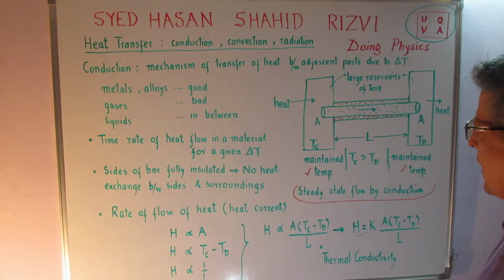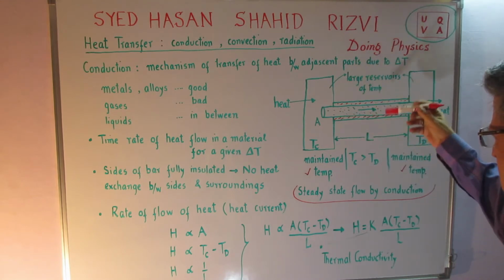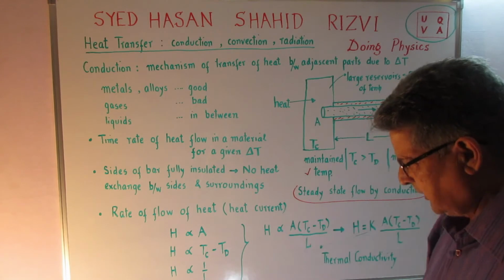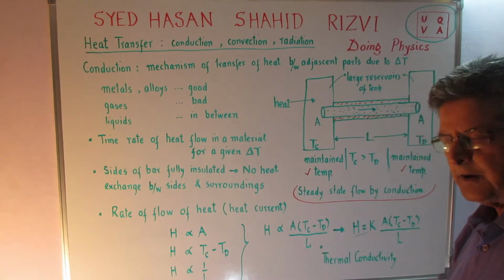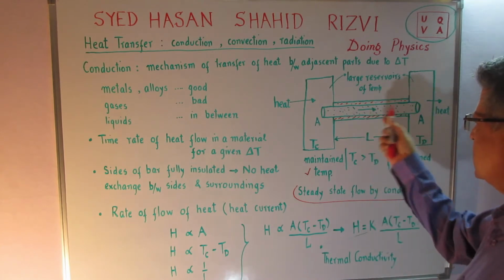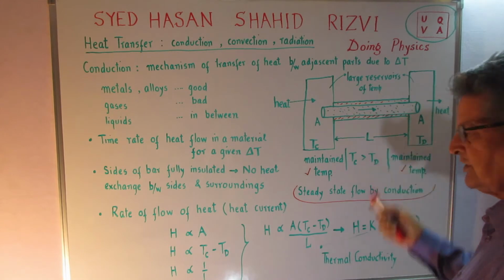Now, I've just shown the cross section of this rod in 2 dimensions, and these are what we call insulators.